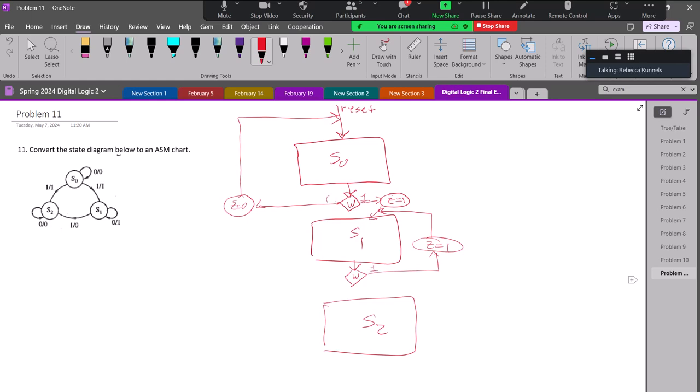I should have put a 0 up here on that decision. Oh, I got that backwards, this should have been W0. And when W is 1, my output is 0, and I go to state 2.